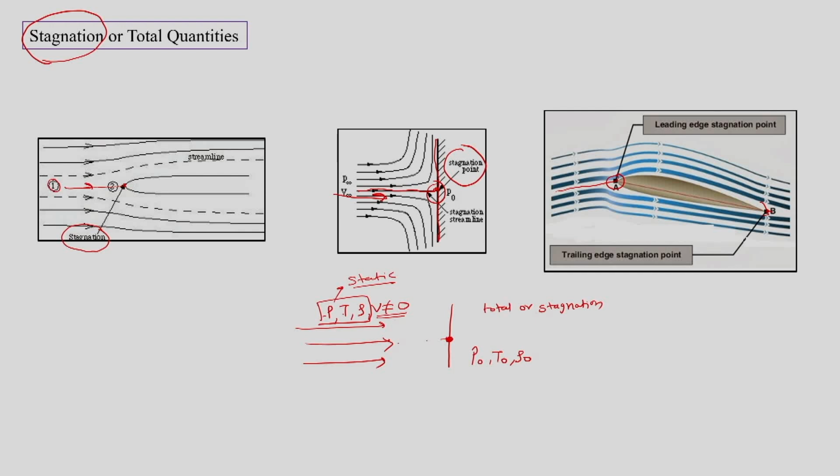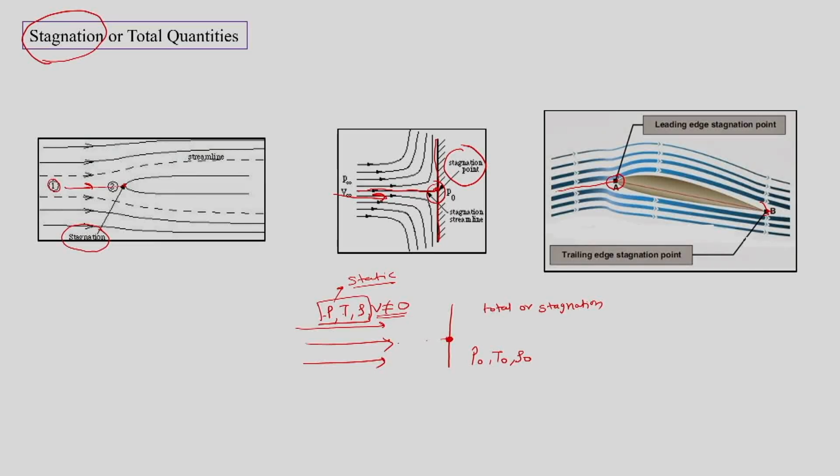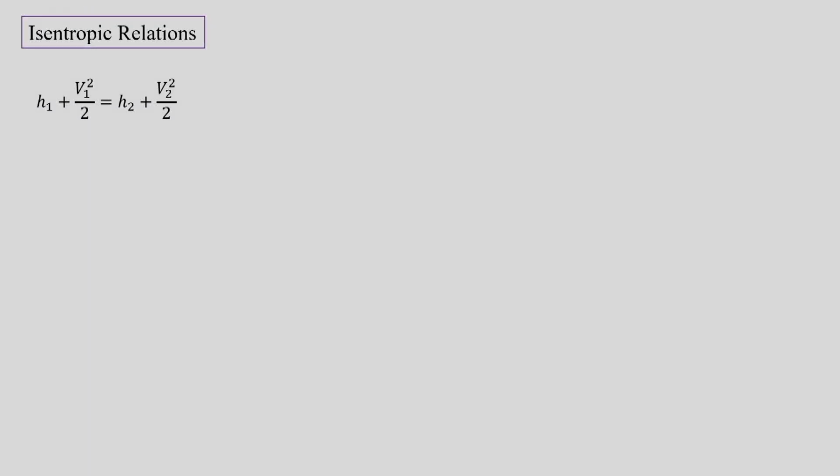So we have static pressure, stagnation or total pressure, static temperature, stagnation or total temperature. Now we are supposed to find the values of stagnation quantities if we know the static quantities, or the other way around, we are trying to find the relation between static and stagnation quantities. Such relations are called isentropic relations.